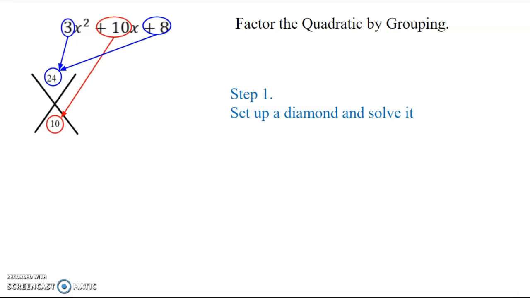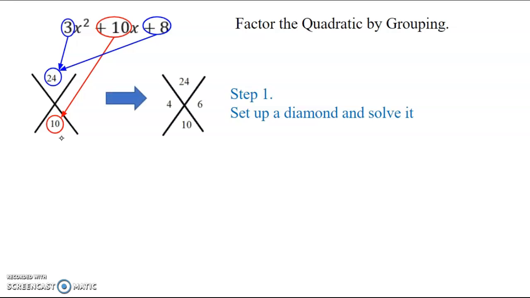So first thing you need to do is draw your x. For the top, you multiply the coefficient of the x squared and the constant. And the bottom term is the middle coefficient, the coefficient of the x term. And then you know how to solve it.